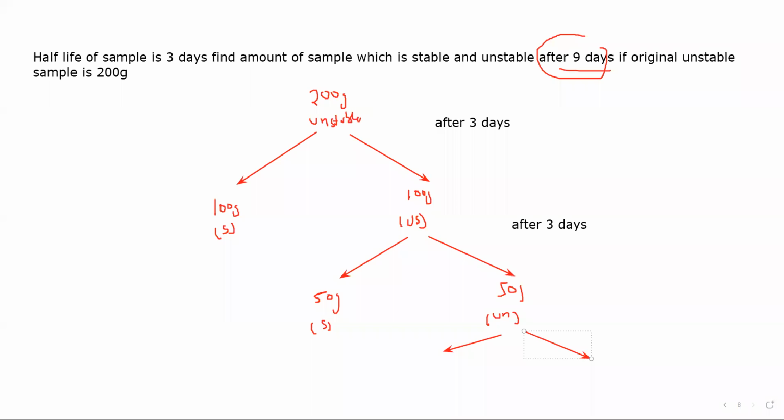So it will be 25 gram stable and 25 gram unstable. That makes the total interval 9 days.